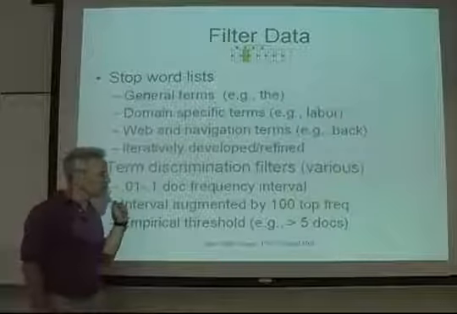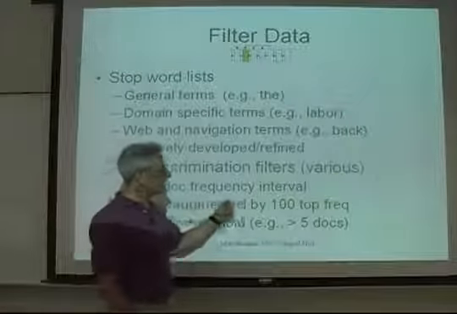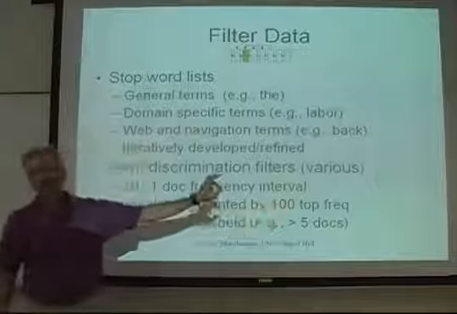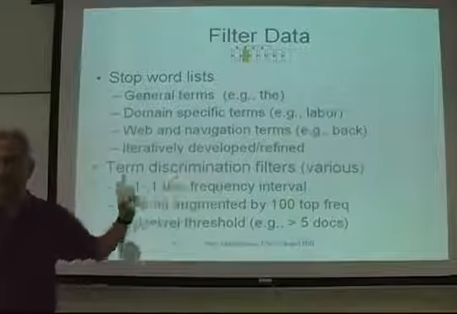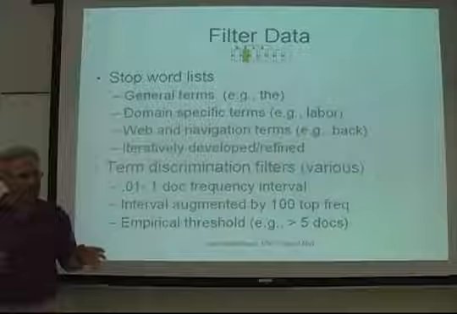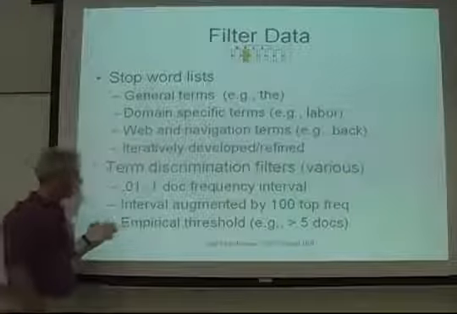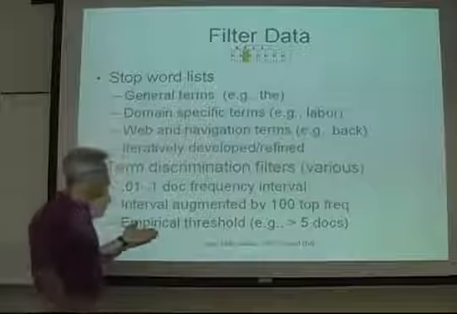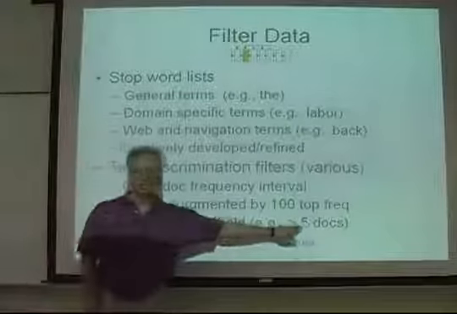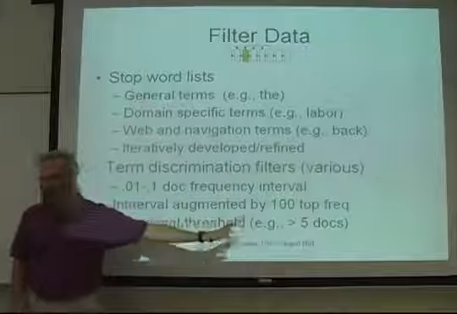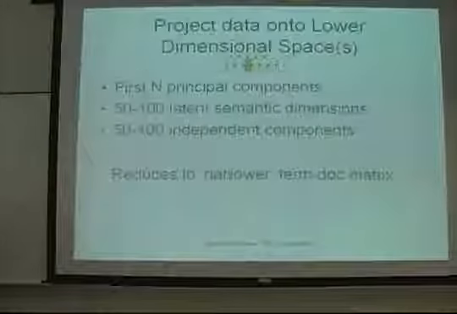So later on we went back and augmented it by adding the top 100 most frequently occurring terms in the entire corpus. That helped a lot. We then established some empirical thresholds, like a term had to occur in at least 5 documents, otherwise it didn't get included.